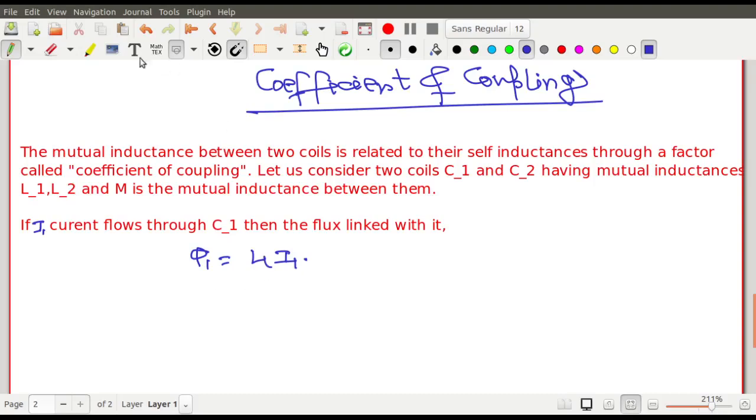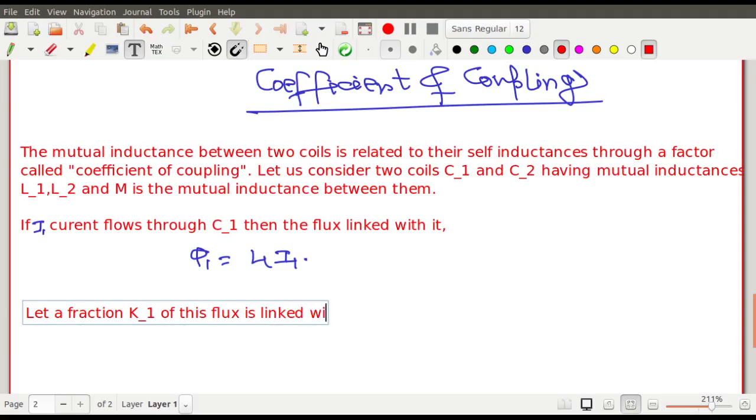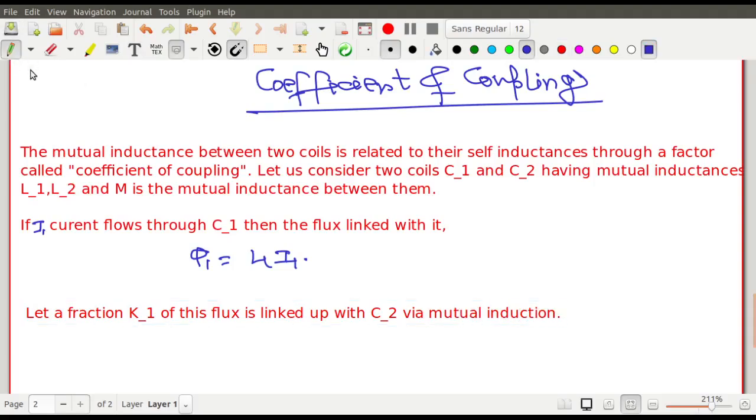এবার ধরে নাও, then you consider that let a fraction K1 of this flux is linked up with C2 via mutual inductance. ঠিক আছে? এই ফ্লাক্সের একটা পার্ট সেকেন্ড কয়েলটাতে লিঙ্কড আপ হয়ে গেল, is linked up via mutual inductance.